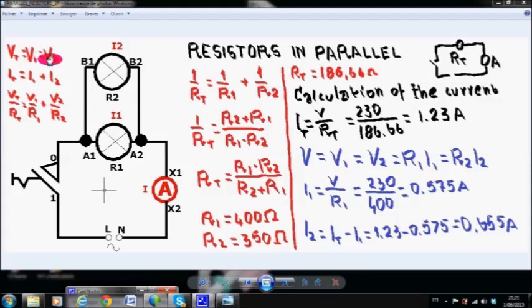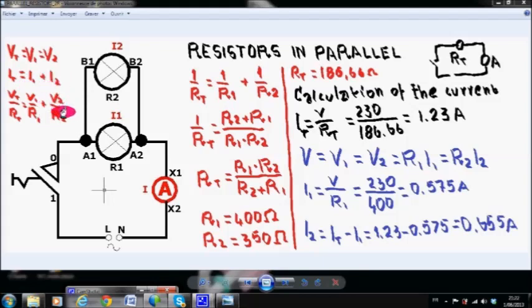So from this, we've seen that the total current is divided by 2. IT, the total current, equals I1 plus I2. So we can write VT over RT, that is IT, equals V1 over R1, that is I1, plus V2 over R2, that is I2.